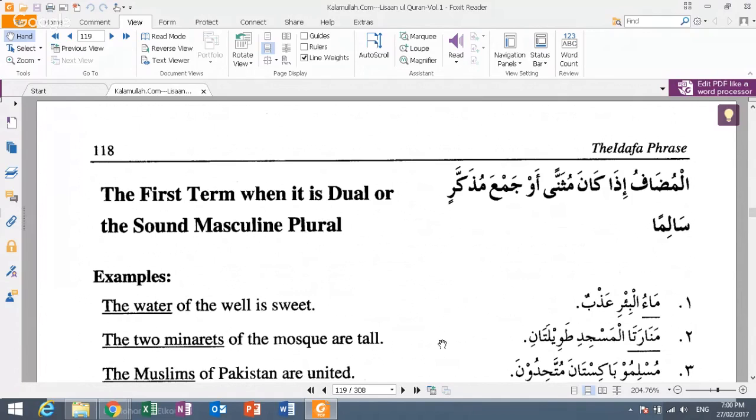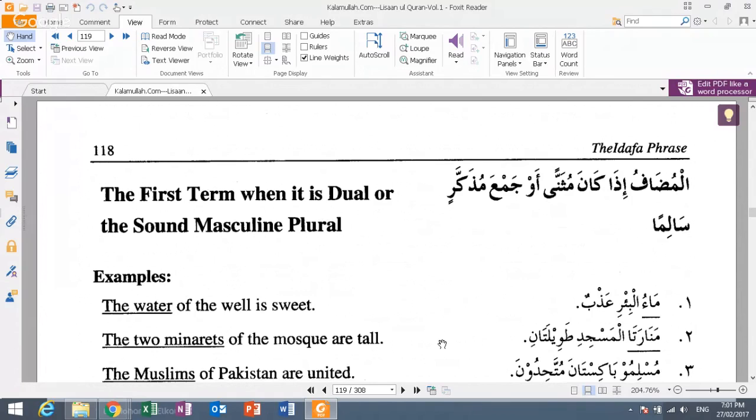Now you are ascribing and making this Rajulani a mudaf to anything, such as al-Bayt, al-Masjid, or al-Madrasa, to a mudaf ilayh.